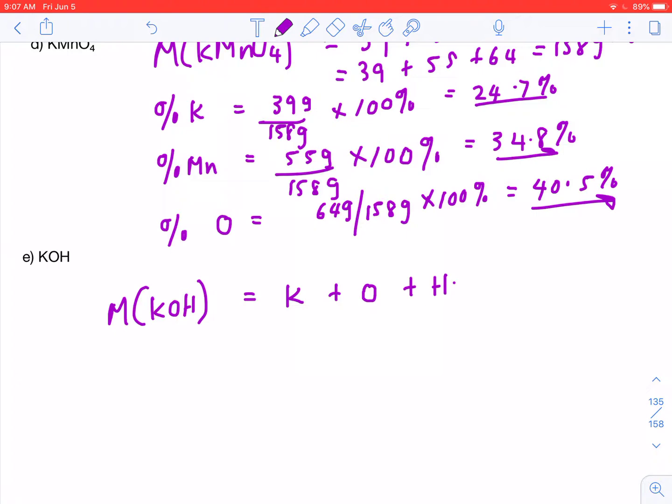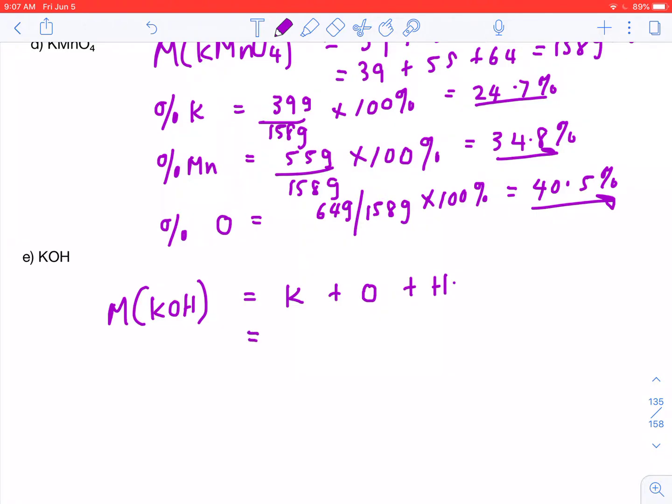If I'm looking at 1 mole of KOH, I'm saying I've got 1 mole of K, 1 mole of O and 1 mole of H in there. But if I had looked at it as a molecule, then I could say I have 1 atom of K, 1 atom of O and 1 atom of H.